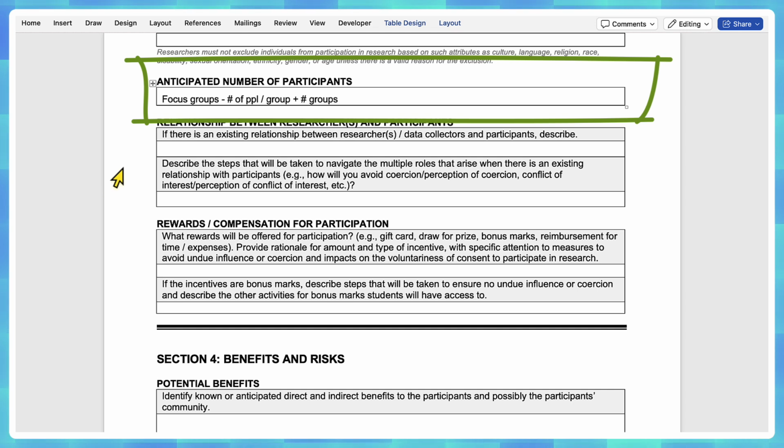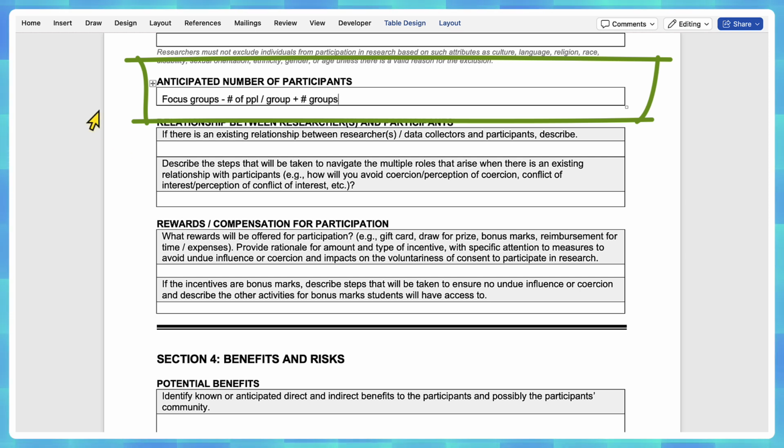So we want to know both, how many people are you anticipating having in each focus group session, plus the number of group sessions that you're going to be holding, not just a whole number of 100 participants. So we want to know how you're breaking that down per group.